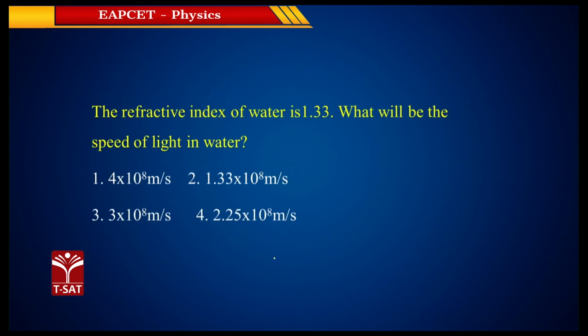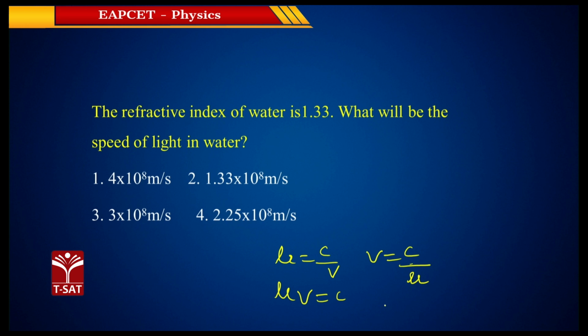And next, the refractive index of water is 1.33. What will be the speed of light in water? Here the formula, you know, is mu is equal to C by V, or mu V is equal to C. Or we want to find out the V value: V is equal to C by mu.